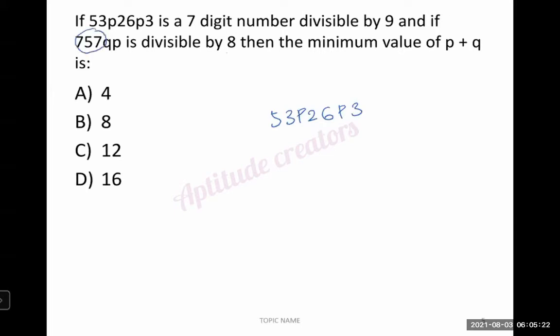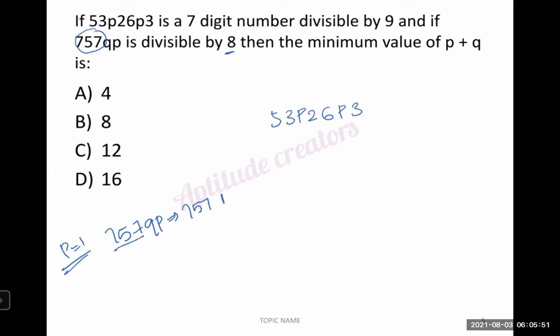What is the divisibility rule for 8? Check last 2 digits, right? Now if I am considering P is equal to 1, then 7, 5, 7, QP, right? This is about P is equal to 1.